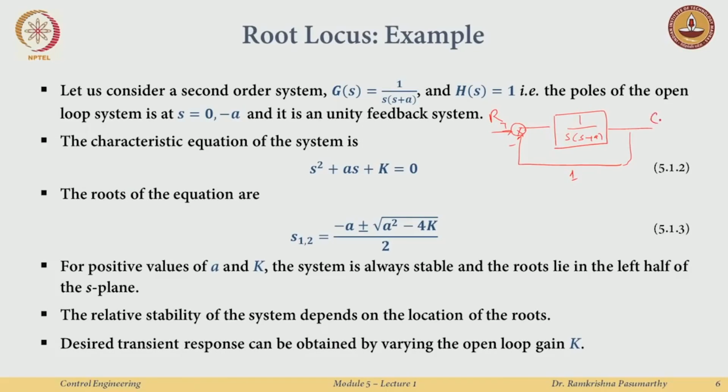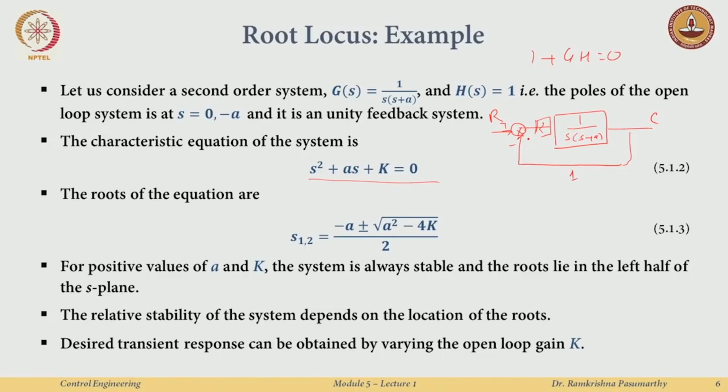The characteristic equation of the system, 1 plus GH equal to 0, gives me something like this. I should also put a gain k here, another block. So, this will give me the characteristic equation in this way.